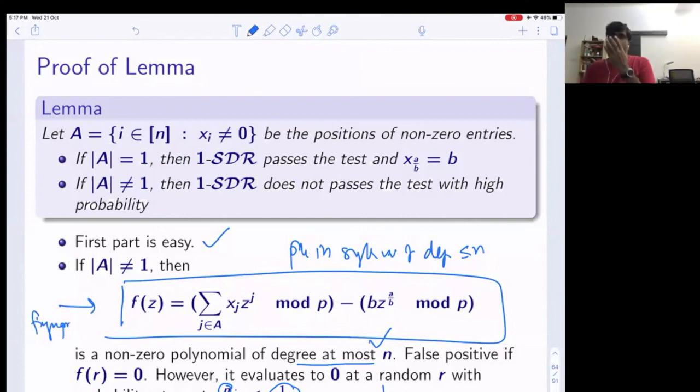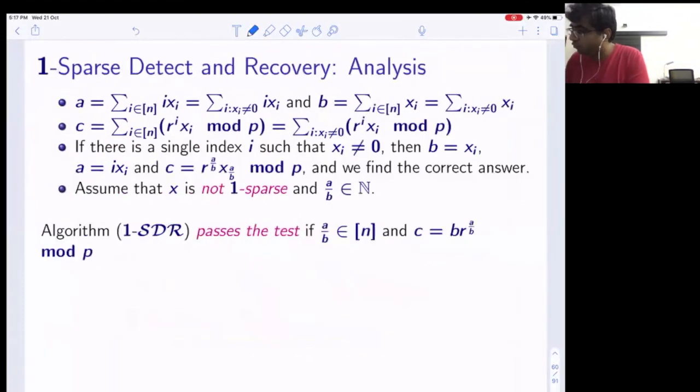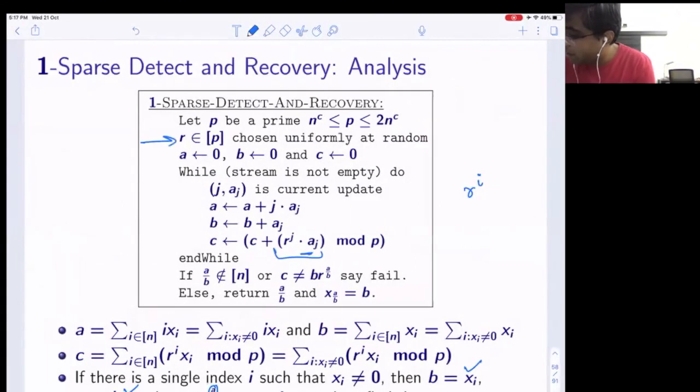Right? So to prove this, what I have done, I have associated a polynomial and I say, look, the only reason you will fail is that you made a wrong choice of r. So if you make a bad choice of r, then this algorithm will fail.